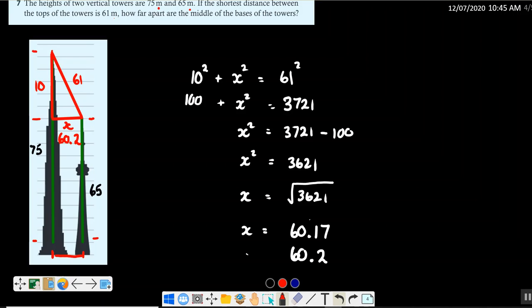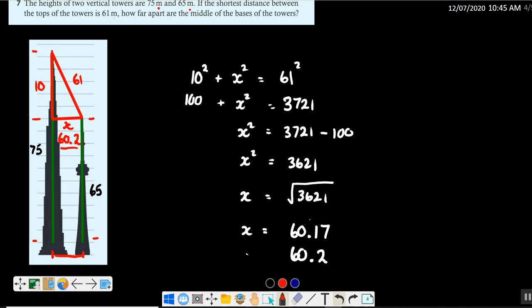Okay. Now, what can you say, just out of interest, about that diagram? Does that diagram, given the number that we've just calculated, look realistic? Why not? Yeah, this looks 60 and 10.